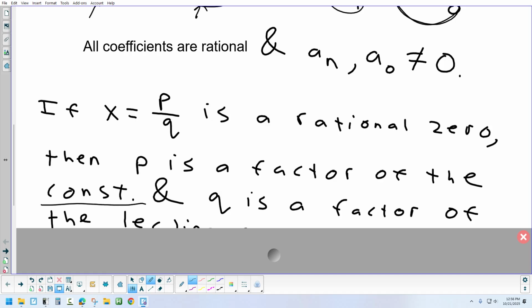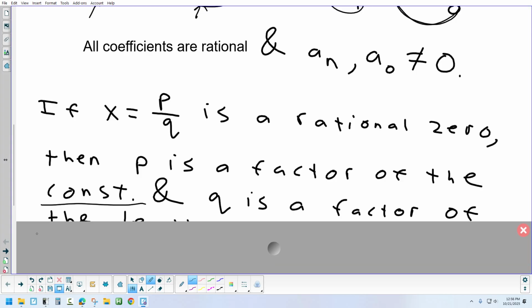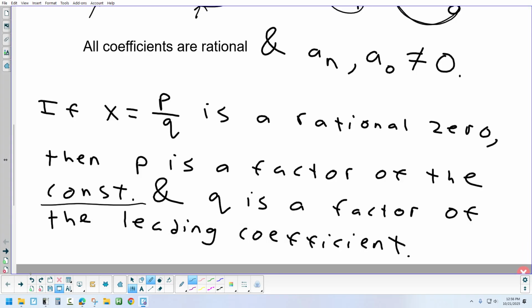The constant is the number at the end, without a variable. So the numerator has to be a factor of the constant. Again, if you're going to cross the x-axis at a rational spot, the denominator of your fraction would have to be a factor of the leading coefficient.